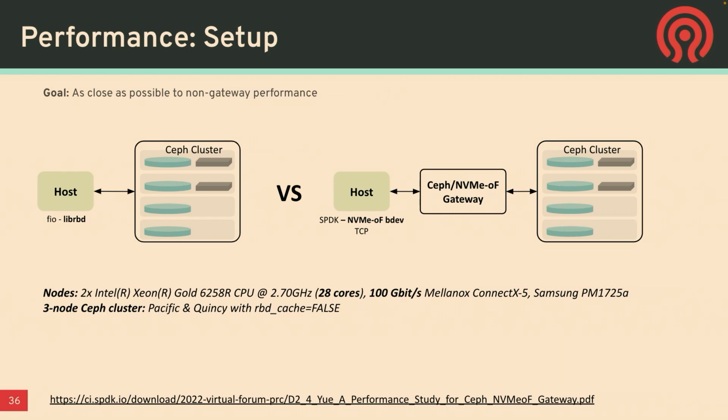It's only a 3-node cluster and not many CPUs. 3 nodes is also the minimal Ceph cluster. We actually don't support it for production. We recommend at least 4. So ignore the max numbers. It's more about seeing the cost of our NVMe-over-Fabrics gateway.